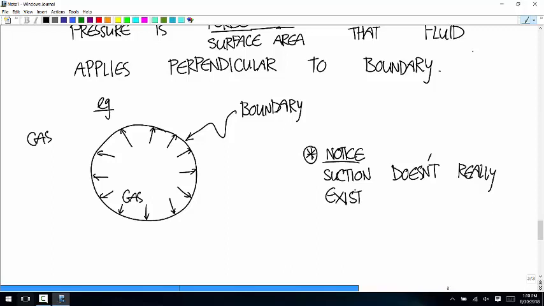What seems like suction is actually a mismatch between pressures on two different sides of a boundary. There's only two different pressures fighting against each other.